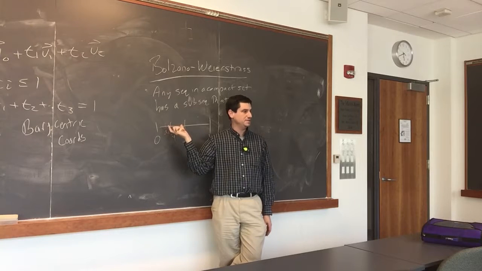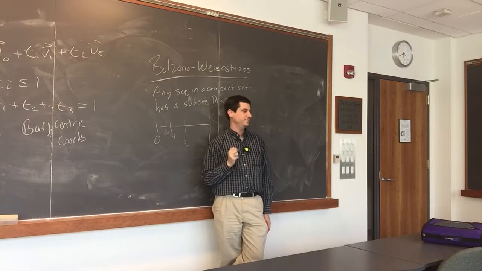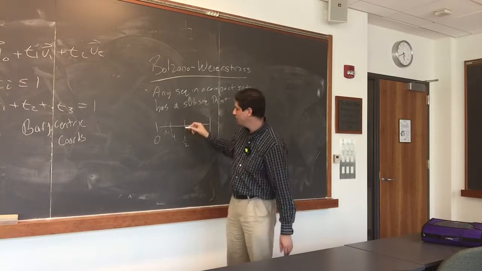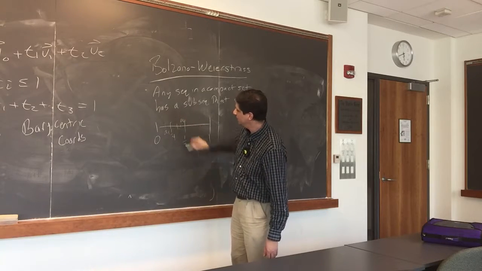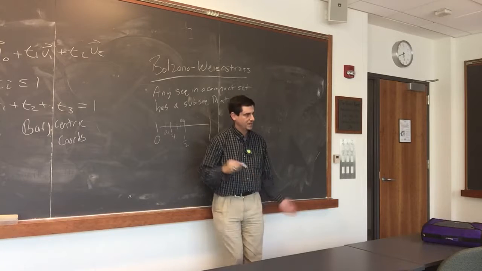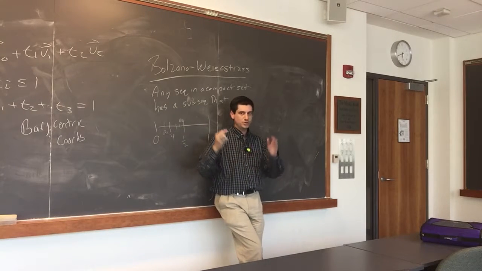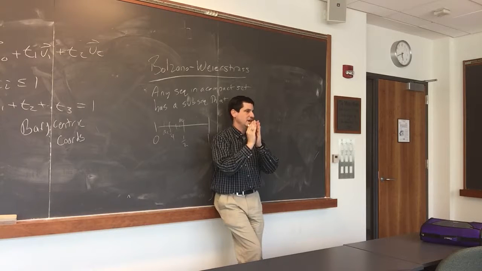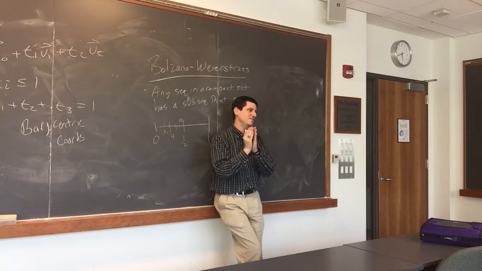Since there were infinitely many in the first half, one of these 2 must have infinitely many. Let's say this time it's the second one. Choose any point in that, call that A2. Divide this in half, and keep going like that. Then you'll see the mesh is getting smaller and smaller. In real analysis, this is not enough. You have to do a little bit more work to say it converges.